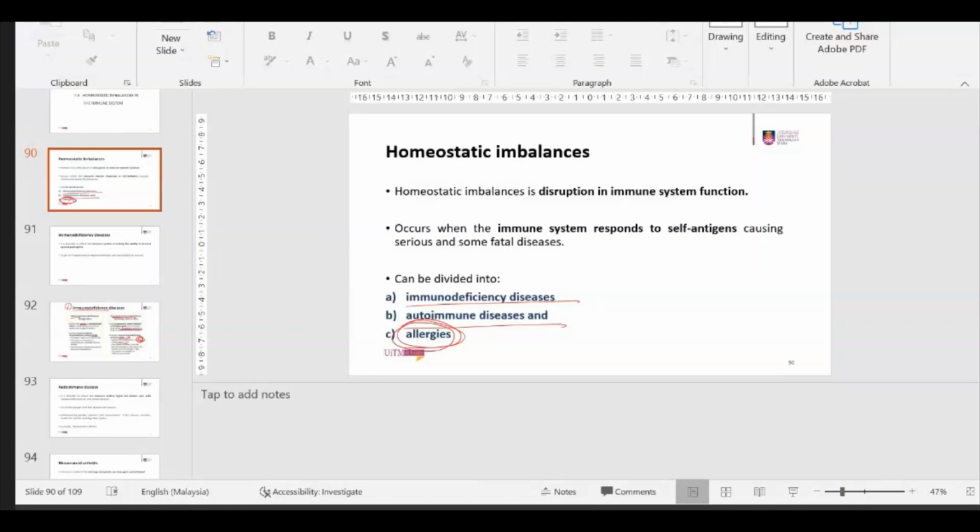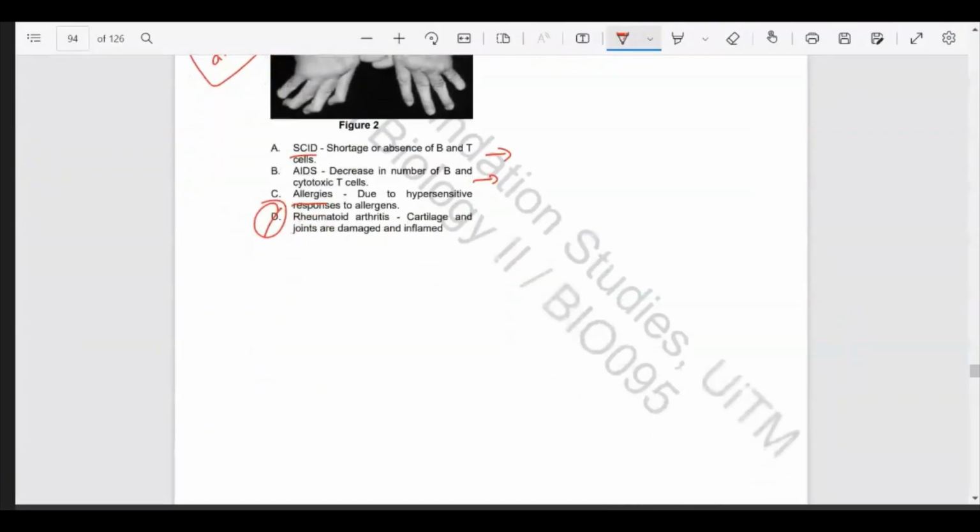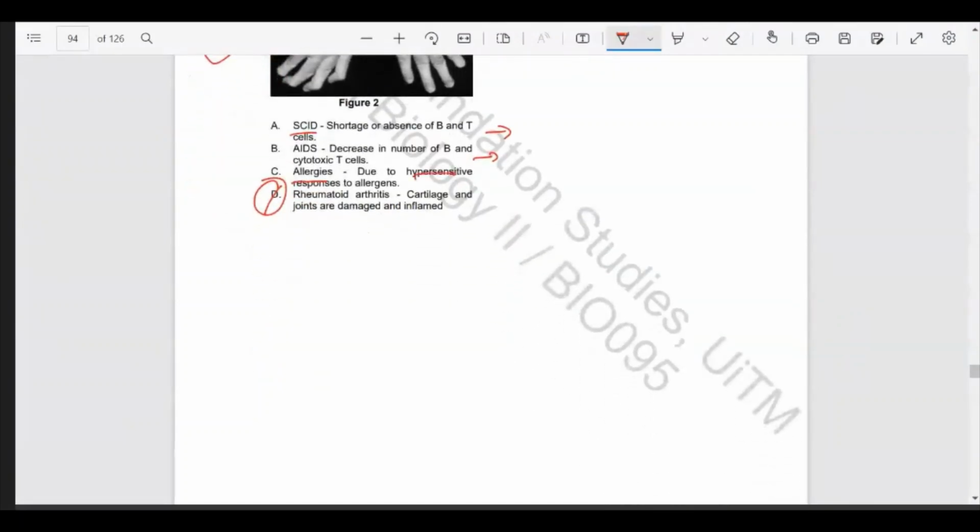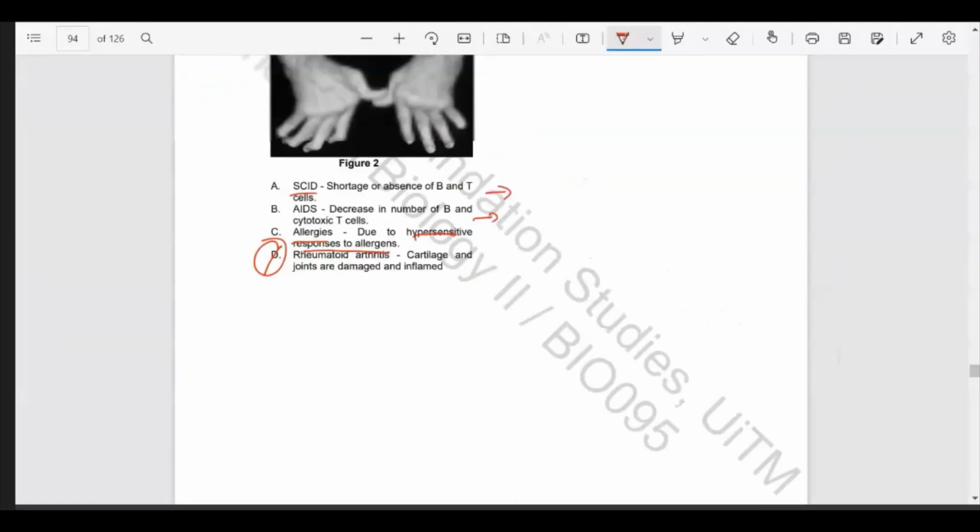Allergies are not caused by pathogens, but by molecules that enter your body, which are fine for most people, but in certain people produce an allergic reaction, for example pollen or certain foods. That is an allergic reaction, a hypersensitivity response to allergens. So the answer is rheumatoid arthritis.